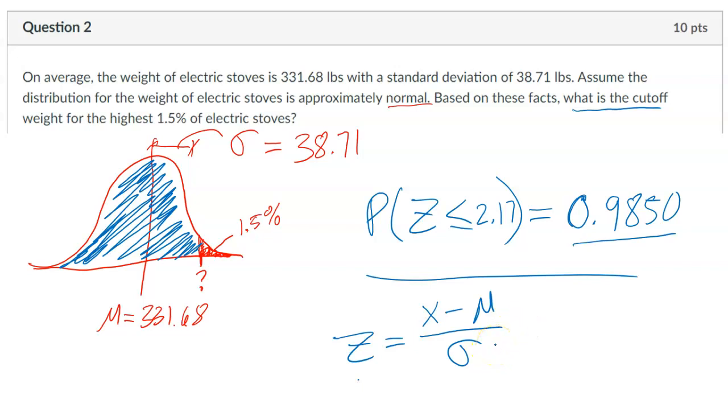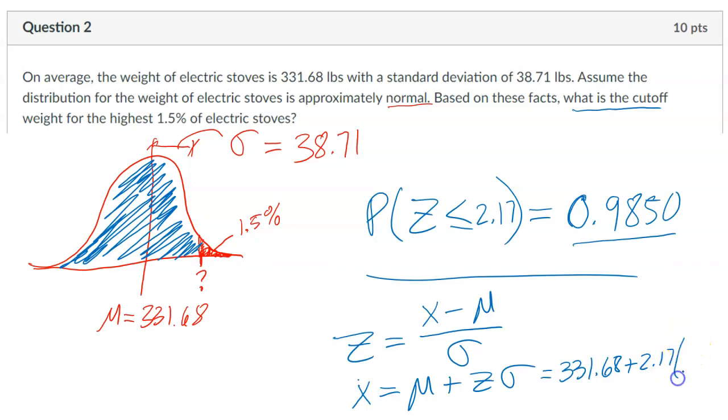Now if you solve for X, you will have that X equals mu plus Z sigma. Mu, we have that: 331.68. Z, we have, that's 2.17.